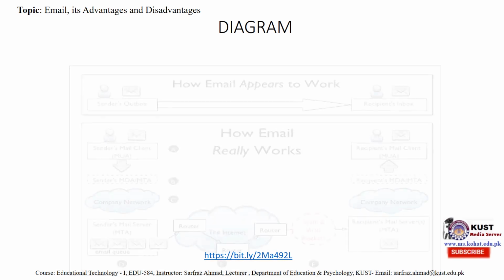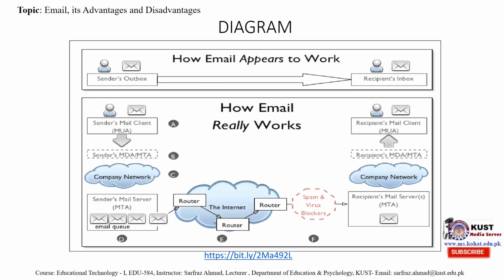Now here we shall see a diagram of how it works. See, first of all, how email appears to work. If I want to send an email to you, I will compose a message to you, then I will write your address, and then I will send that email to you.